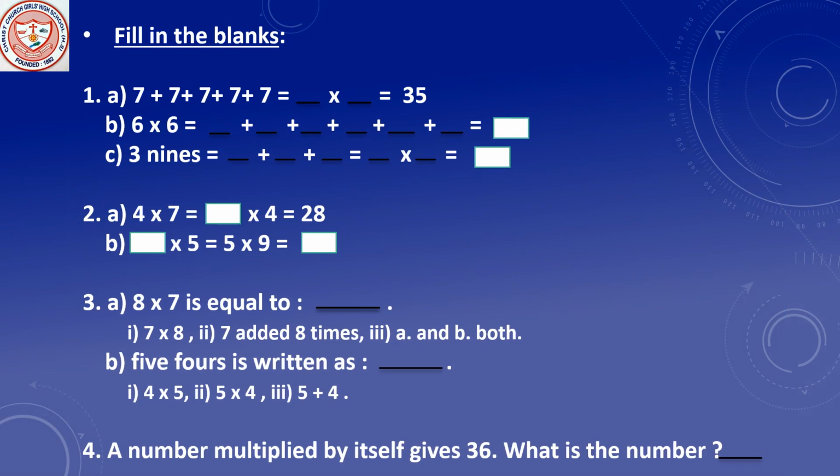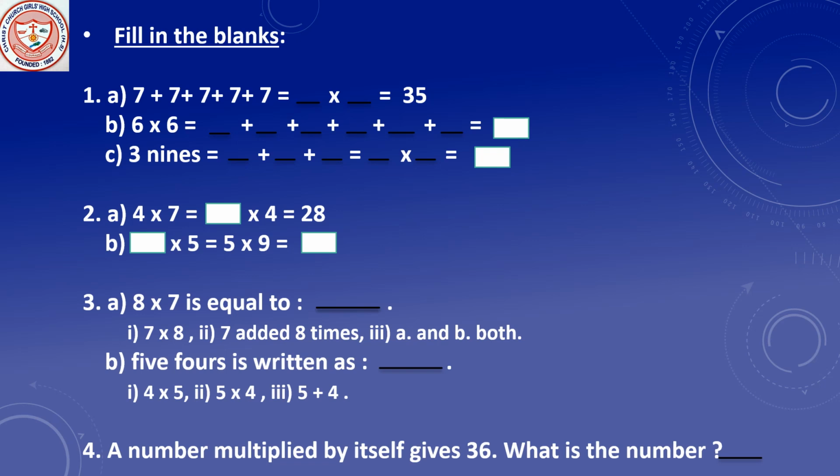So how we will write this? 6 into 6 is equal to 6 sixes. Isn't it? So you have to write here 6 sixes. Then you have to add them and you will get the answer.